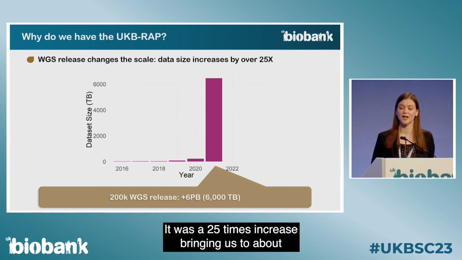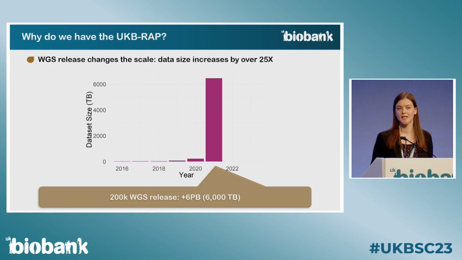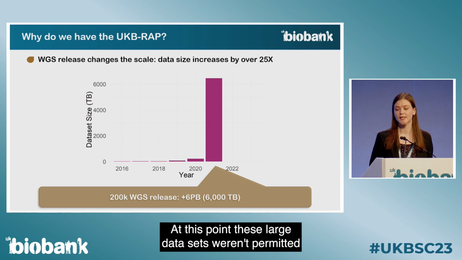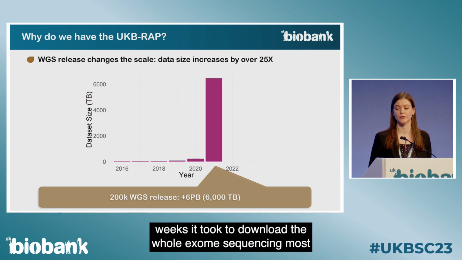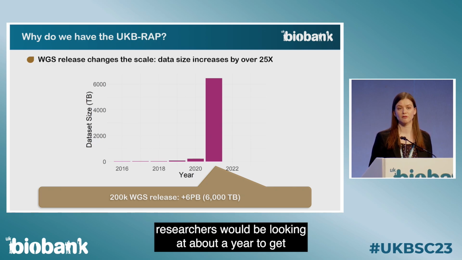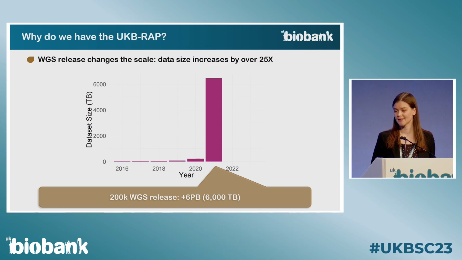It was a 25 times increase, bringing us to about 6 petabytes of data. At this point, these large data sets weren't permitted for download, but if we had permitted it, given the 2 weeks it took to download the whole exome sequencing, most researchers would be looking at about a year to get their hands on the data set.